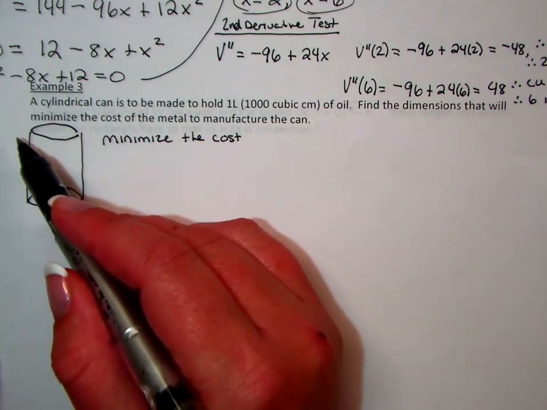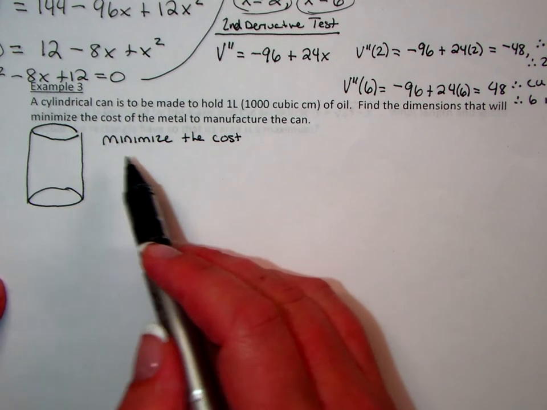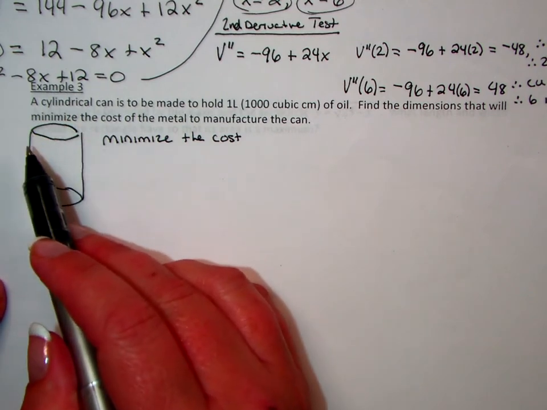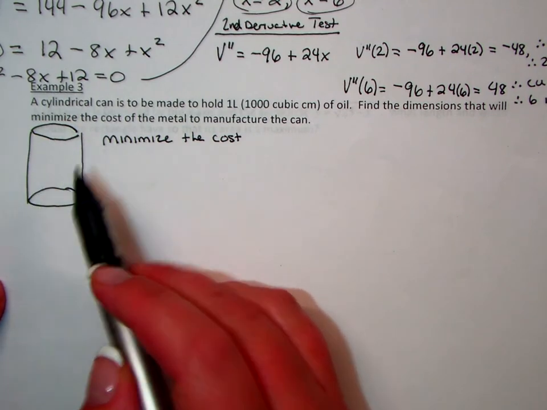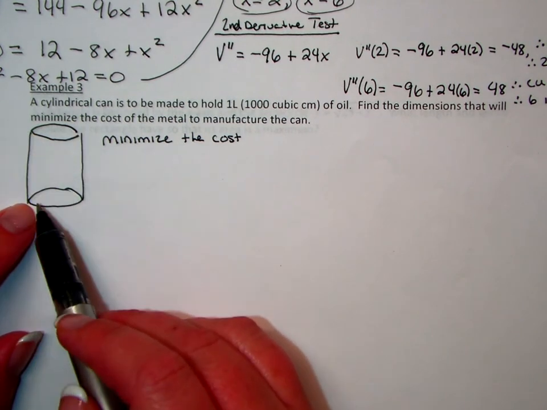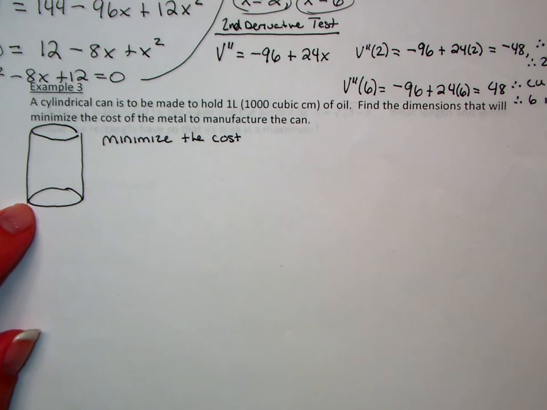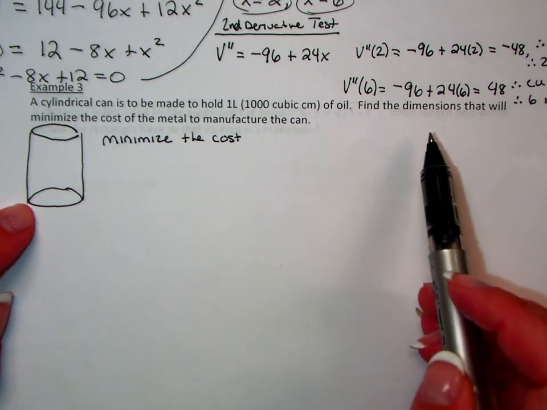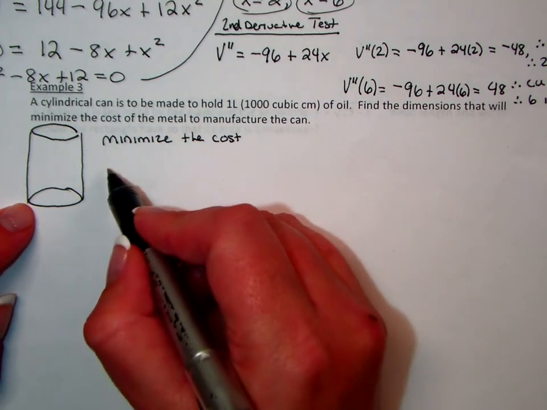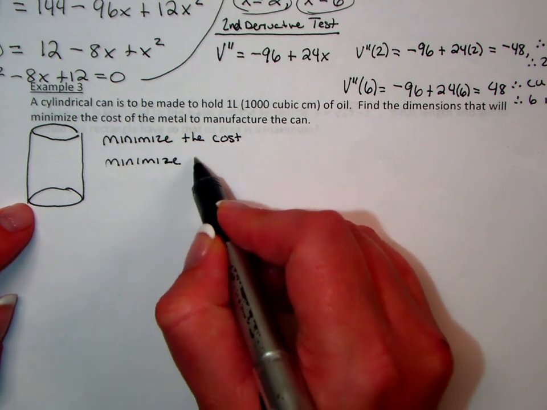Maybe welding this can together, we're not going to take that into play. We're just going to talk about the actual material to manufacture this can. So the cost comes from basically the surface area of this can, because we weren't given any information about welding or soldering it or taping it or whatever it is. So we want to minimize, therefore, the surface area.